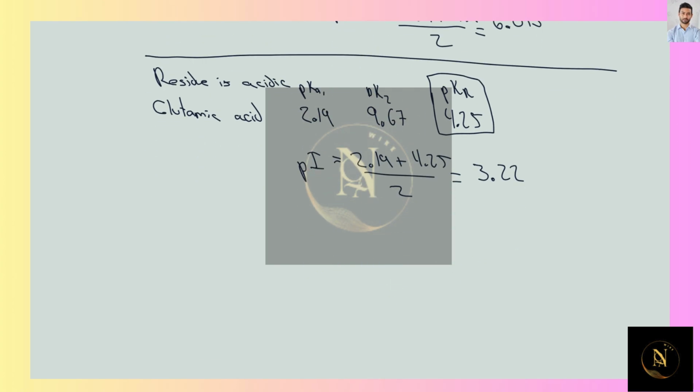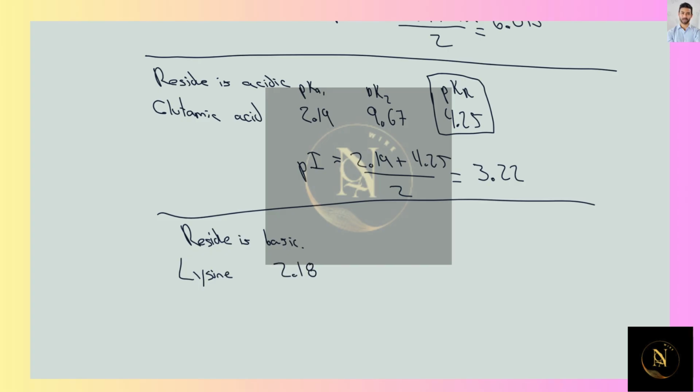Finally, for an example for when the residue is basic, we're going to take the case of lysine, which has the following pKa's. We have 2.18, this is pK1, pK2 is equal to 8.95, and pK for the residue is equal to 10.53.